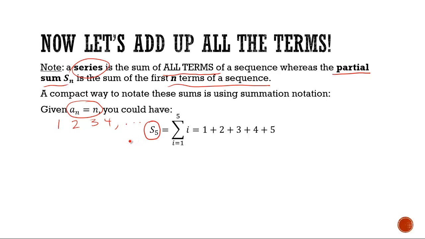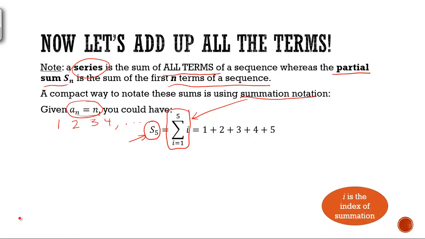S5 refers to the fact that you're taking the sum of the first 5 terms given this nth term. This here is summation notation, and this is a sigma, a Greek symbol for S for sum. And i is the index of summation, meaning i is running from 1 to 5, plugging into this formula.